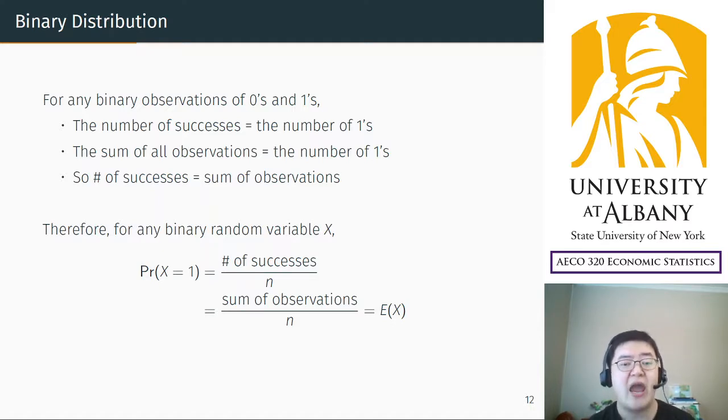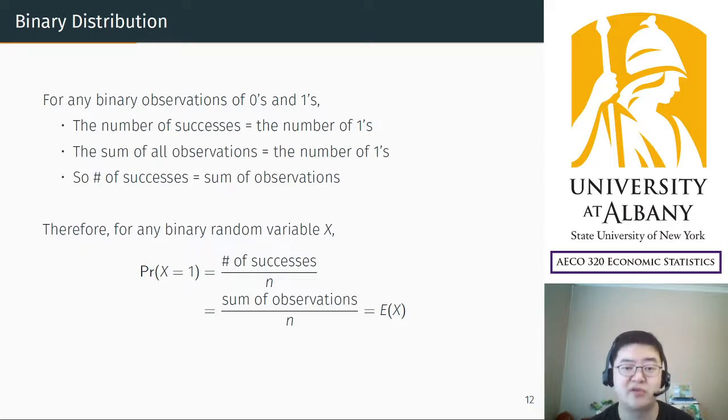For any binary data, any data of binary observations of zeros and ones, the observations will be a lot of zeros and a lot of ones. And when you calculate the probability of success, you count how many ones, how many successes, you have in the data.